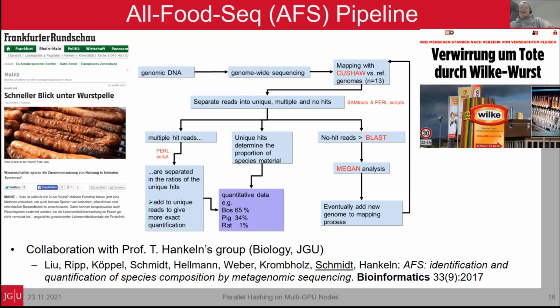Then we get out reads from these food samples, and then we compared them to various genomes. At that time, in our first pipeline, we just used standard alignment tools, like this Q-short tool here, and also BLAST, and also Megan. So these are tools that do full alignments and are very slow.